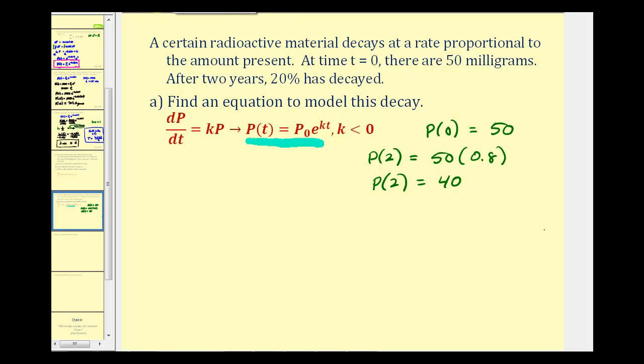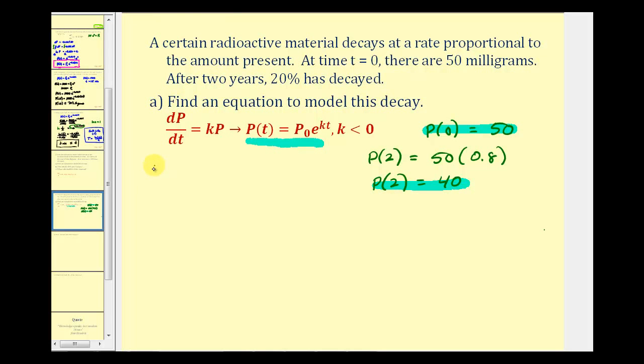So now we should be able to find k by using P(0) equals 50 and P(2) equals 40 and our exponential function, which we know to model exponential decay. If P(0) equals 50, then P sub 0 is 50, and if P(2) equals 40, we can substitute 2 for t and P(t) with 40.